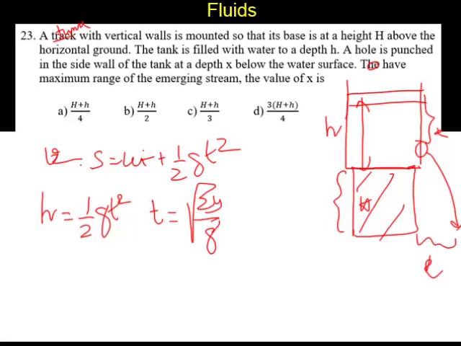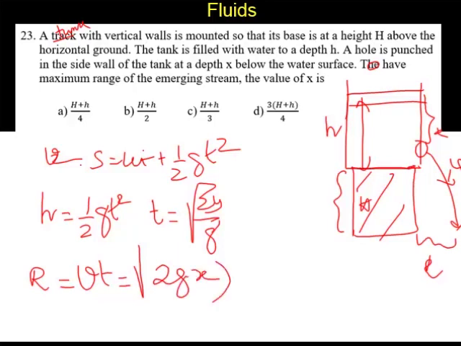So what is the range of the water stream? The range is the velocity of the water coming out times the time taken for the water to reach the ground. The velocity is root of 2gx, into t.